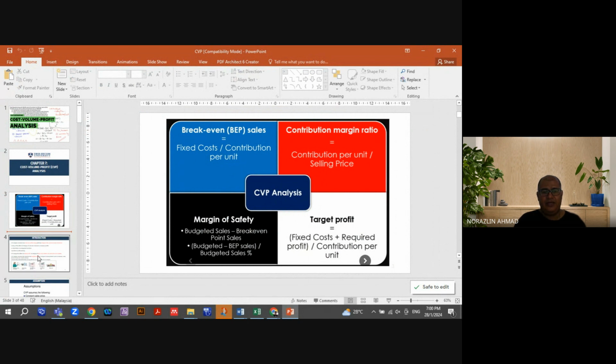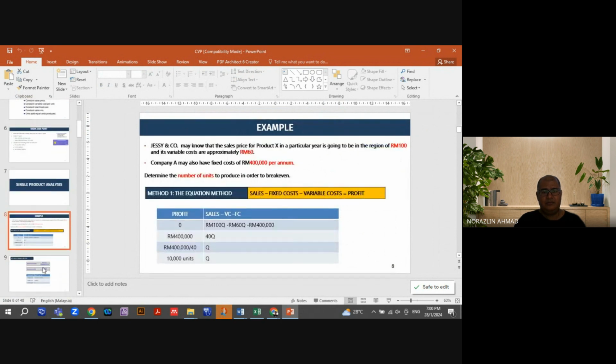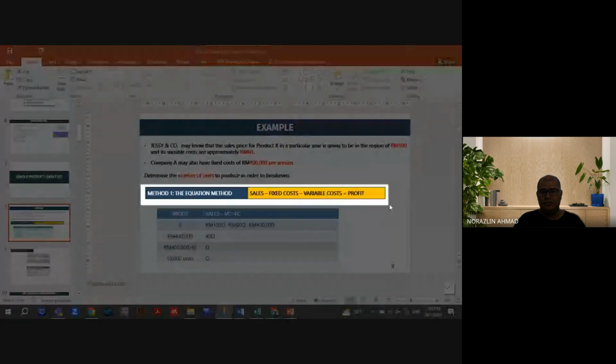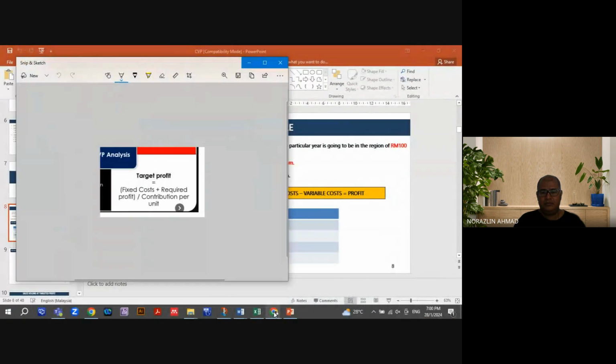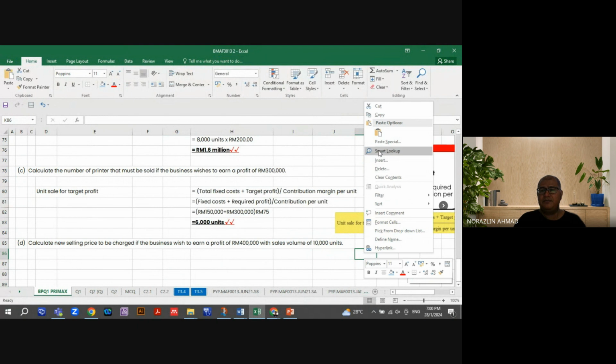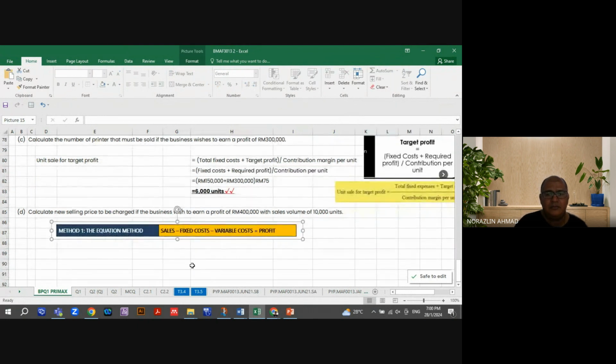Okay, target profit. You can use this formula. You are willing to get the profit of RM 400,000.